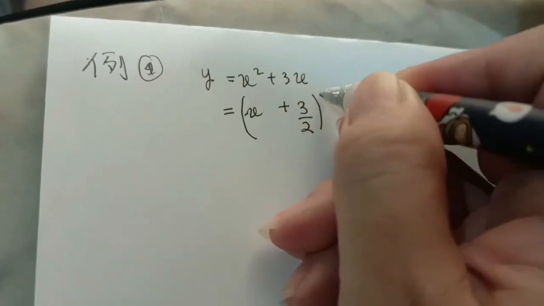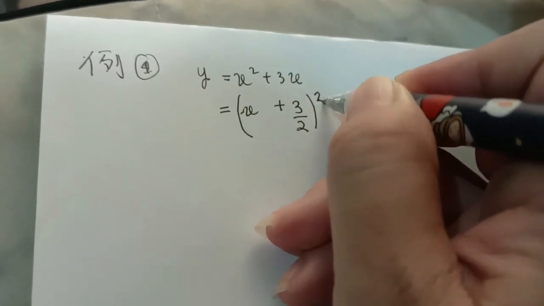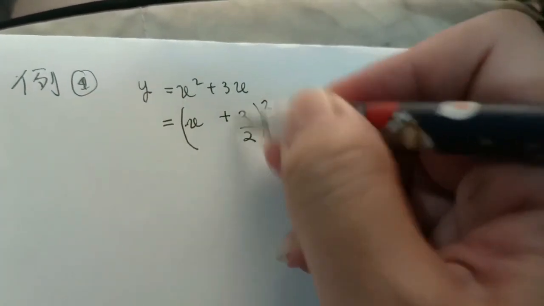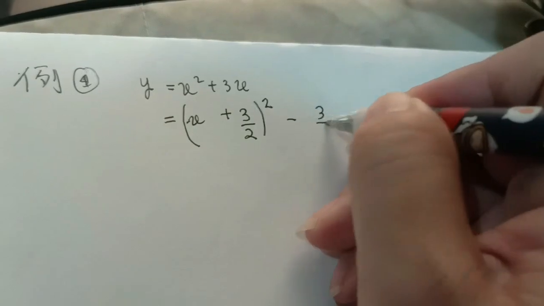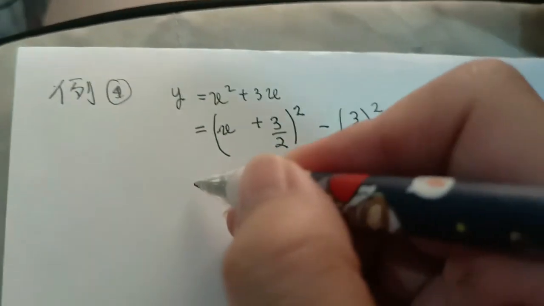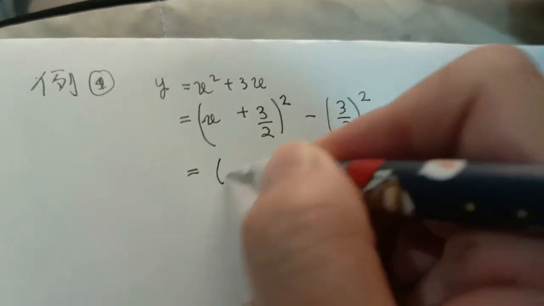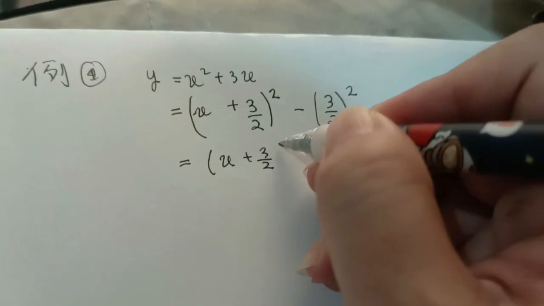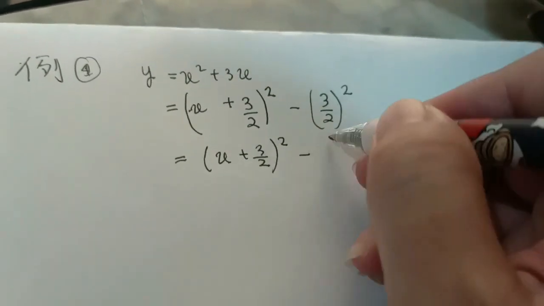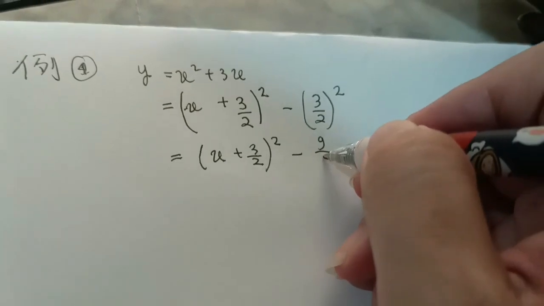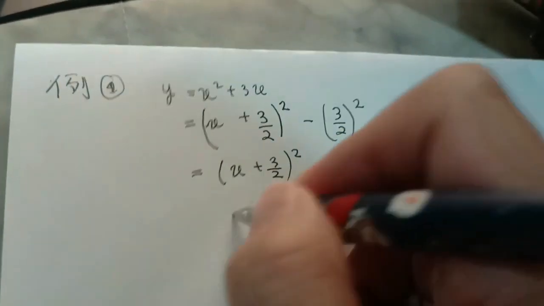Then don't forget, like this, we give in the bracket 2. Then minus this number again, 3 per 2 quadrat. Only like that. Equal x plus 3 per 2 quadrat minus 3 quadrat is 9, 2 quadrat is 4. Like that.